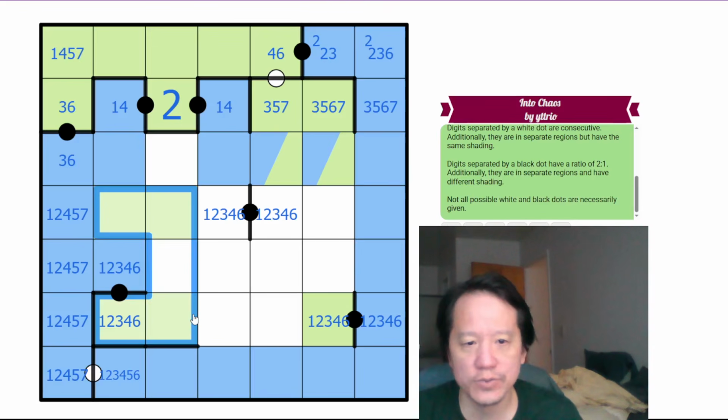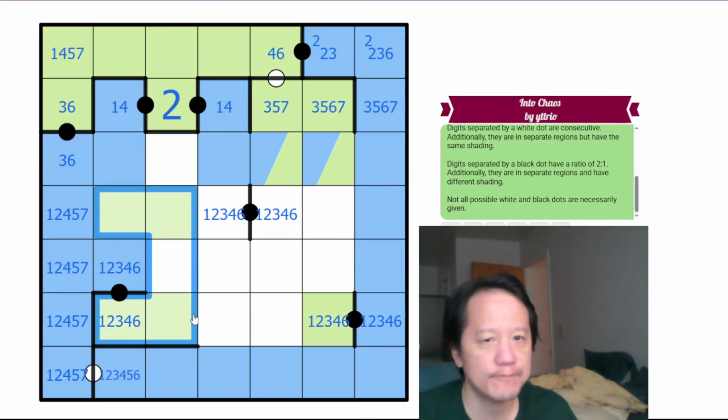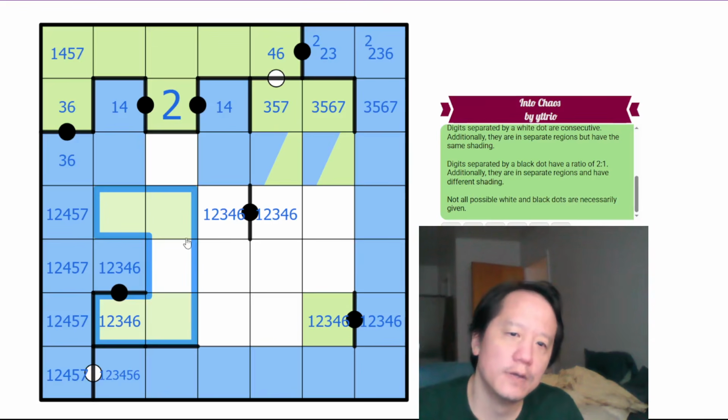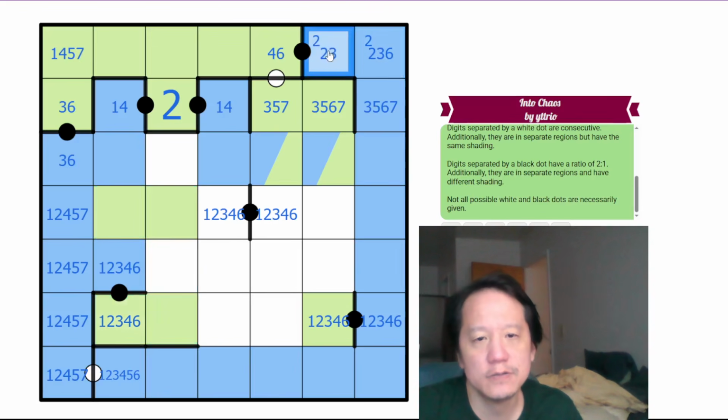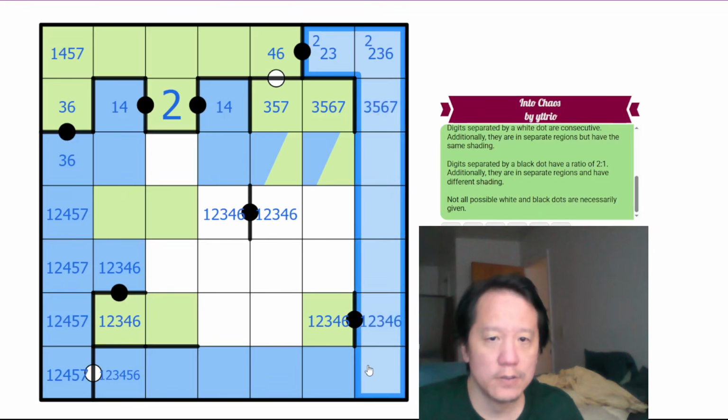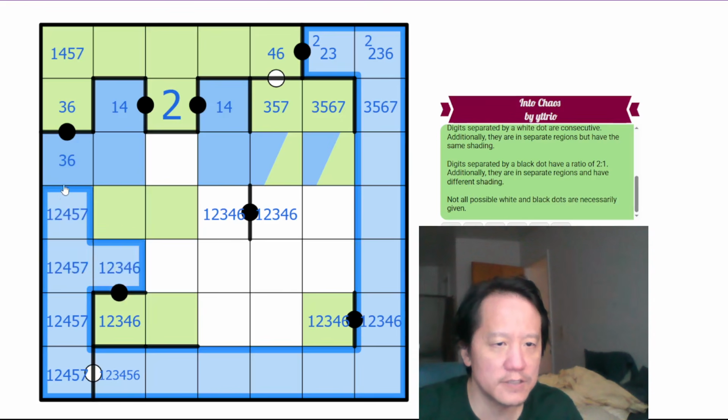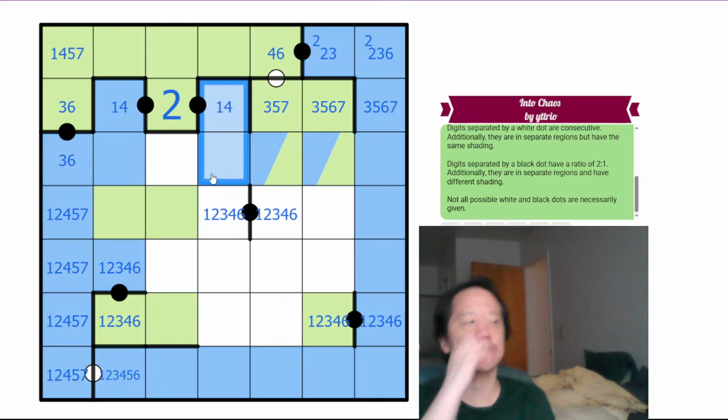What else do we have? How many blue cells do we have? We have one. 1 plus 7 is 8, plus 6 is 14, 15, 16, 17, 18, 19, 20, 21, 22, 23.